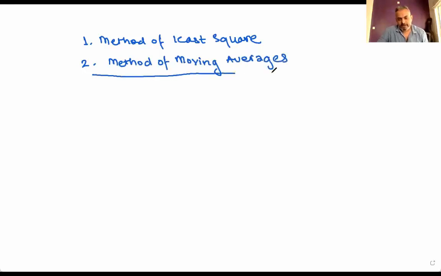Now let's understand what this method of moving averages is. Normally, let's say the price of a commodity or the price of a share keeps on fluctuating, sometimes up, sometimes down. So this is how it keeps on moving.